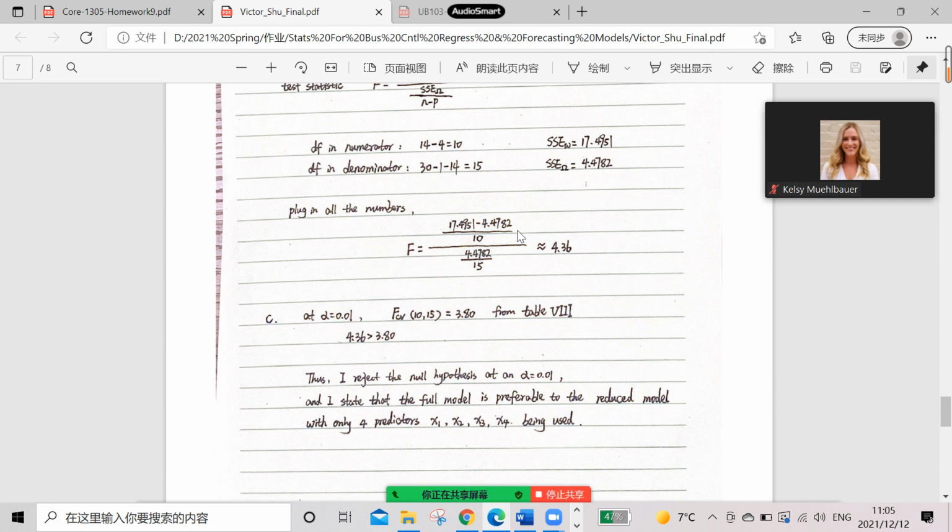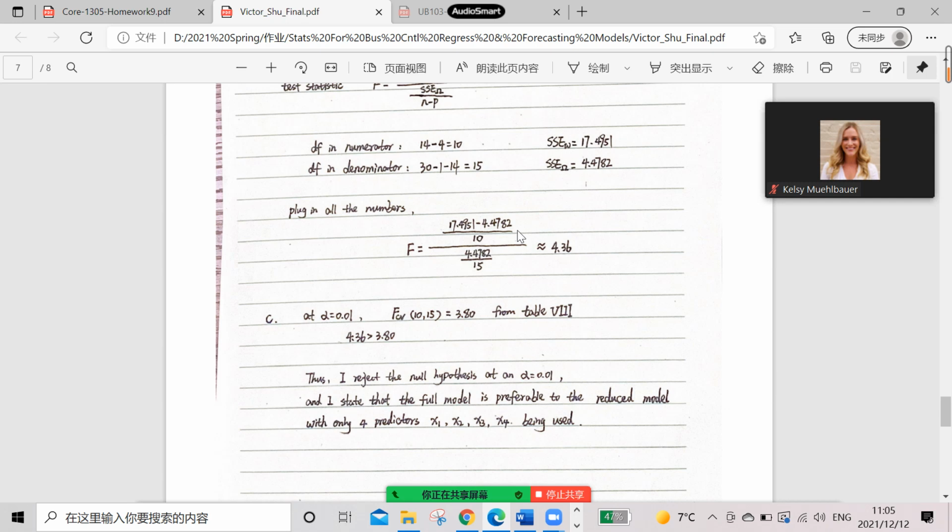So when I reject my null hypothesis, I would say, okay, maybe I should stick to the 14 predictor model, because my 4 predictors are maybe not enough. Maybe I can come up with another model with 6 predictors or 8 predictors, and then do an F test again.